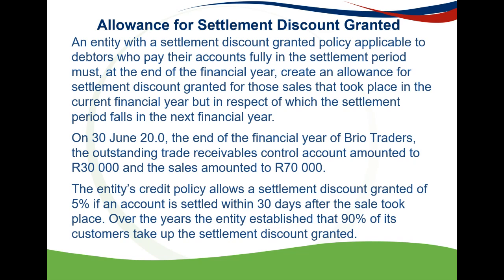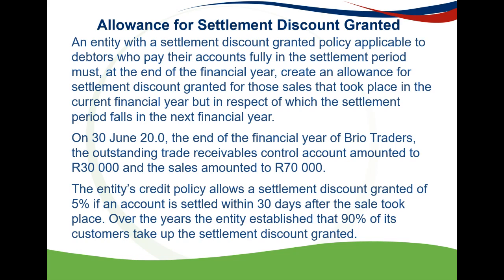Now, you also get an allowance for settlement discount granted. An entity with a settlement discount granted policy applicable to debtors who pay their accounts fully in the settlement period must at the end of the financial year create an allowance for settlement discount granted for those sales that took place in the current financial year, but in respect of which the settlement period falls in the next financial year.